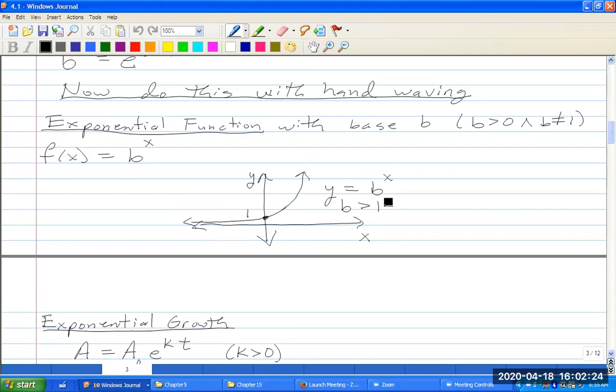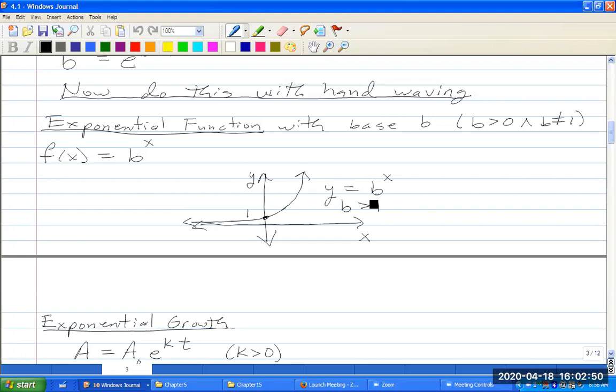So long as b is greater than 1, it'll always be increasing, concave up. It will have no vertical asymptote, but it will have a horizontal asymptote, being the x-axis, y equaling 0. It has no x-intercept, and a y-intercept at 1.